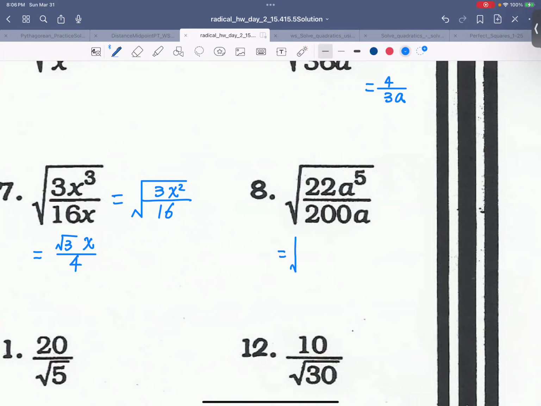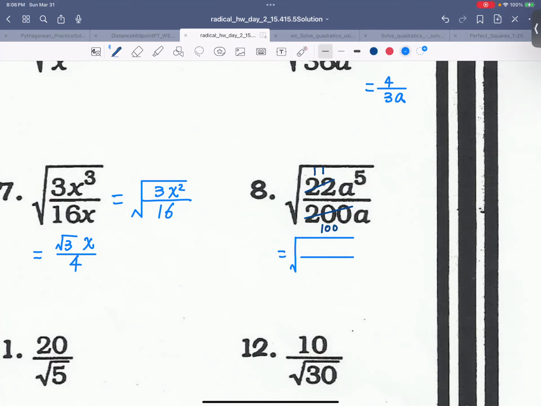And for the 22 and 200, what do you do? Are they both even? Divided by 2 becomes? I think it would be divided by 2. Yeah, 22 becomes 2 and 11. And then 200 would be 2 and 100. So you have 100, right? Mm-hmm. Okay. A to the power 5 over A becomes?